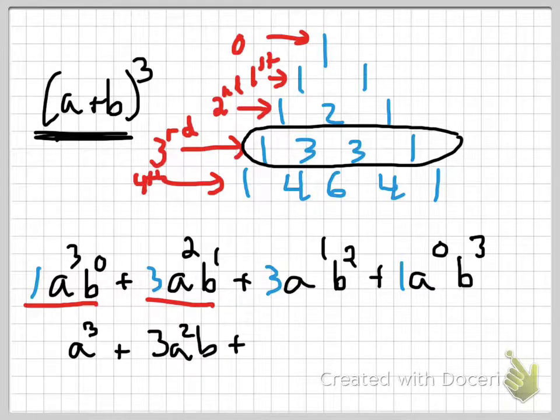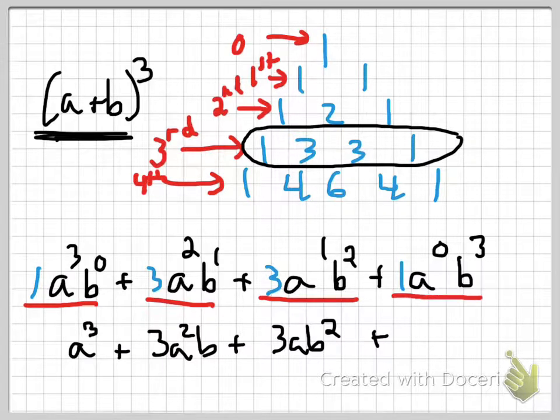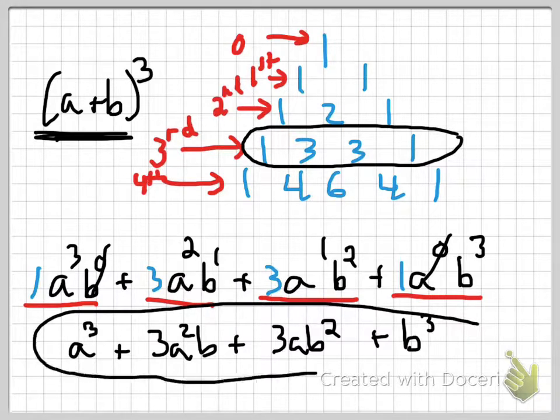Plus this next one is 3a to the first, b to the second, that'd be 3ab squared. Plus this last term on the end, 1 times b to the third is just b to the third. These 0 powers, you can disregard them. They're ones. So here is my answer, my distributed out answer.